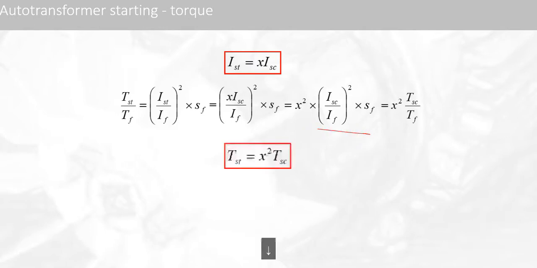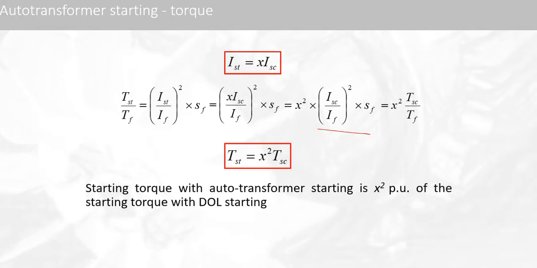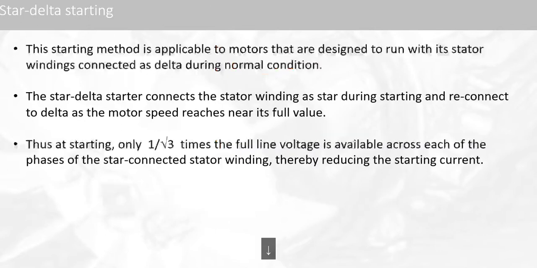So the starting torque is equal to X square into TS, where TS is the short circuit torque available in the DOL starting method. The conclusion is that the starting torque with auto transformer starting is X square per unit of the starting torque with DOL starting of a three-phase induction motor.